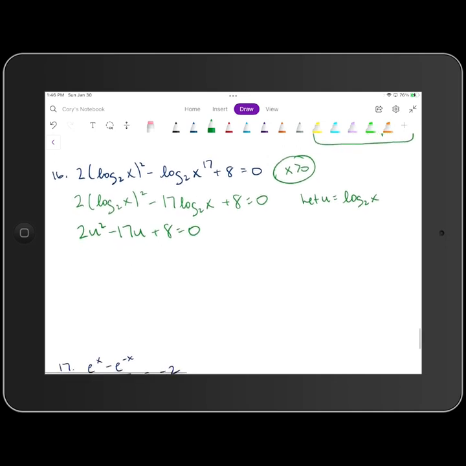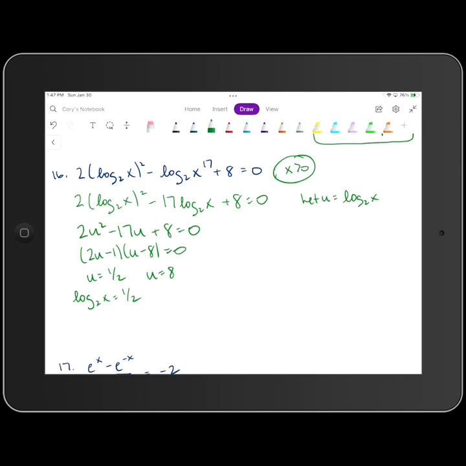And this is an equation that is factorable for us. It factors to 2u minus 1 times u minus 8. So our solutions here are u is equal to 1/2 and u is equal to 8. But we're not solving the equation for u, we're solving it for x. So we're going to go back and replace u with the log base 2 of x.